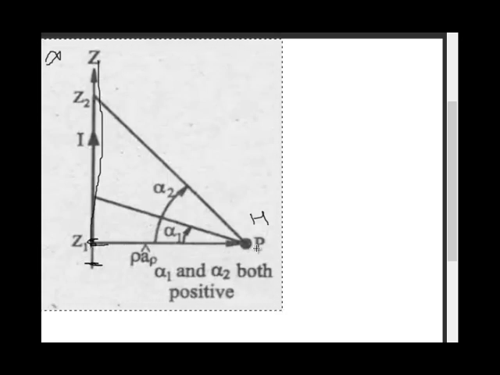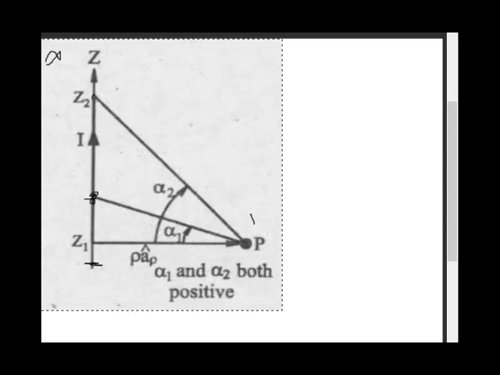So we have to draw a projection from point P to Z1. Actually this figure is not semi-infinite, it is about a finite line. It is a finite filament carrying current. The finite filament is from this point to this point only. This is the starting point, this is the end point.